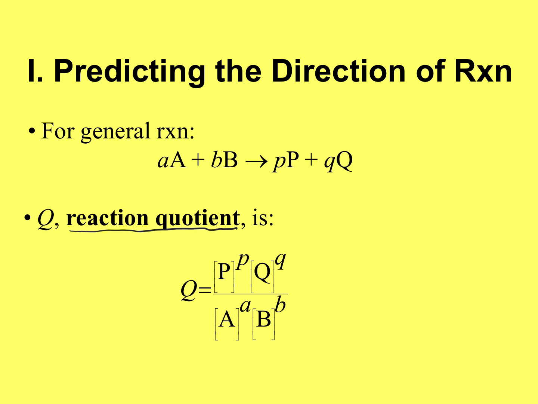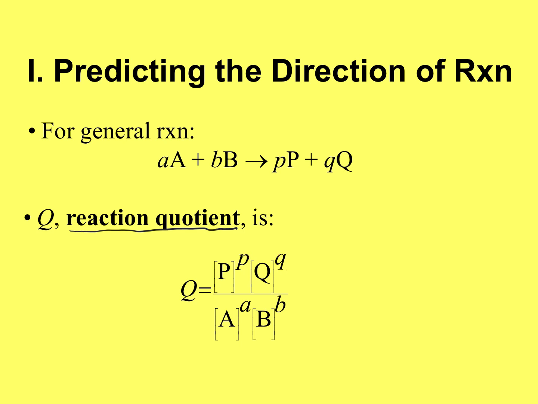Okay, now if you look at the expression right here, the Q expression is indicated as, once again, the product over the reactant, and the coefficients in the equation become the exponents in the Q reaction quotient.